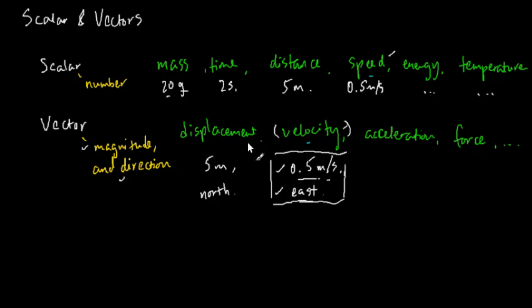So if I want to tell people what my displacement is, I must remember to say both the distance that I walked and the direction I walked in. So displacement must contain these two pieces of information. The meaning of displacement is very strictly defined in physics.